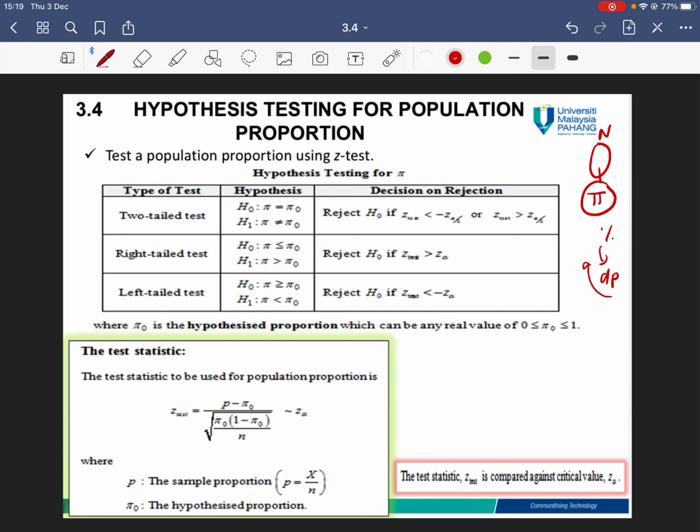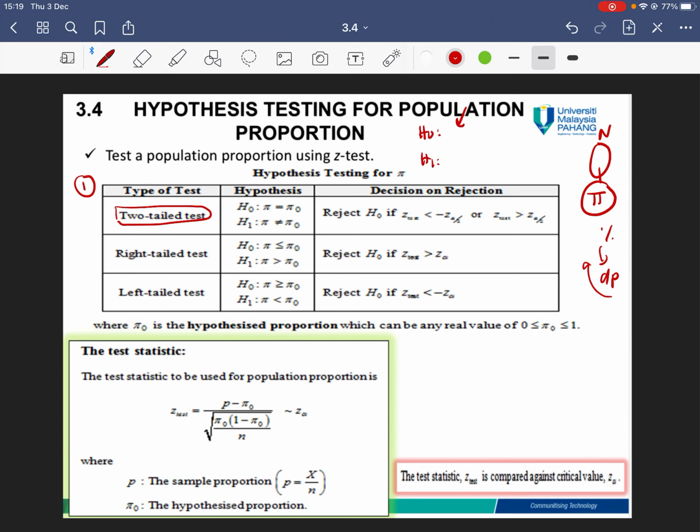So what is the hypothesis for formulating the hypothesis for one pi? Step number 1, formulate your hypothesis, H null and H1. If your hypothesis is two tail, now your hypothesis H null and H1. For the left hand side here, the notation is no longer mu.